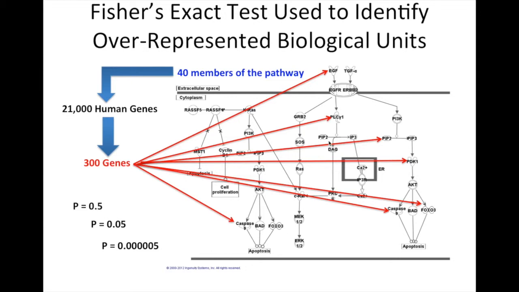We can do this for genes known to be affected by certain drugs or upstream regulators, networks, things associated with particular biological functions. Any contained biological unit, we can test whether it's overrepresented in any list of genes that we want. And this is the basis behind bioinformatics. As simple as it gets.